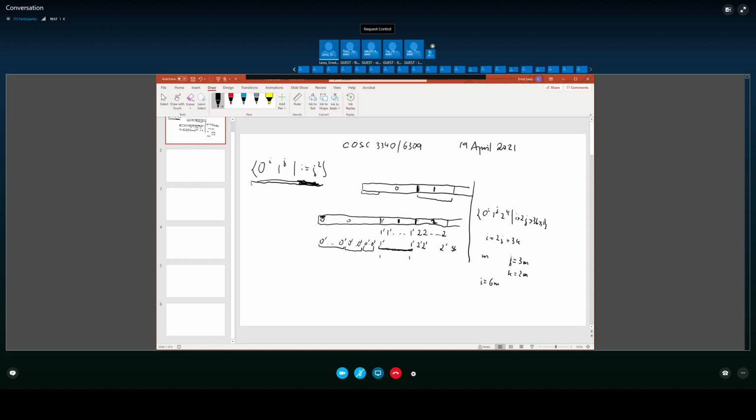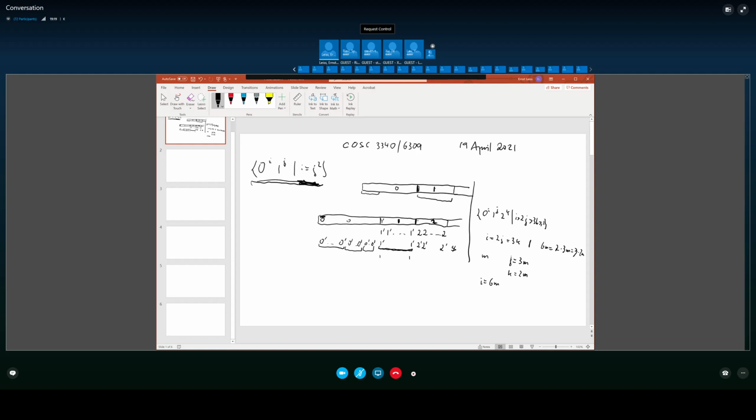And then, what you have from this is 6m is equal to 2 times 3m is equal to 3 times 2m. Okay, so that is correct.